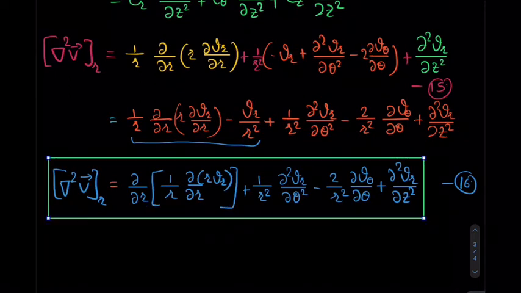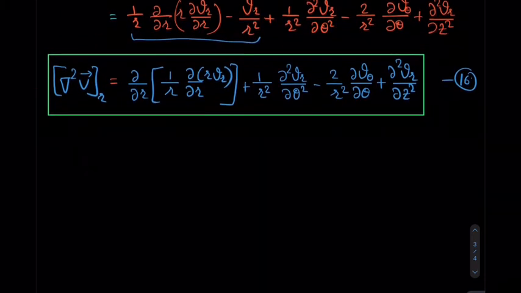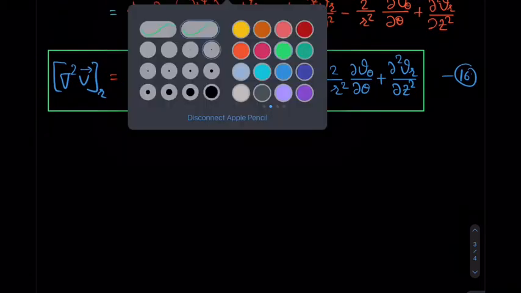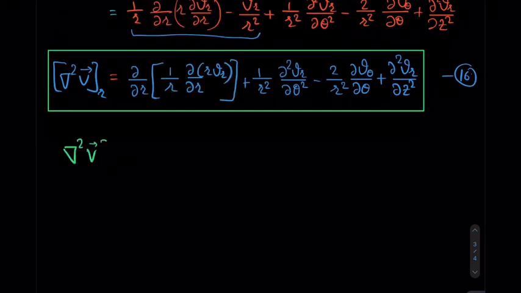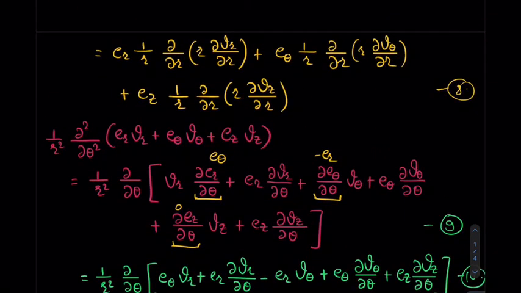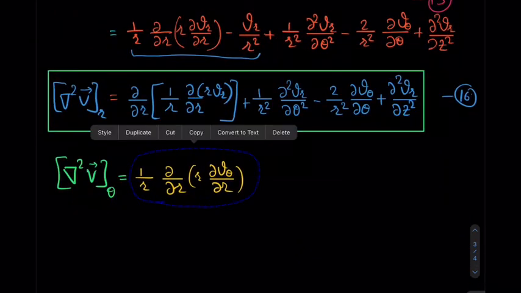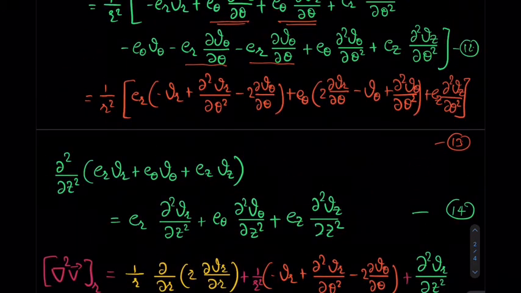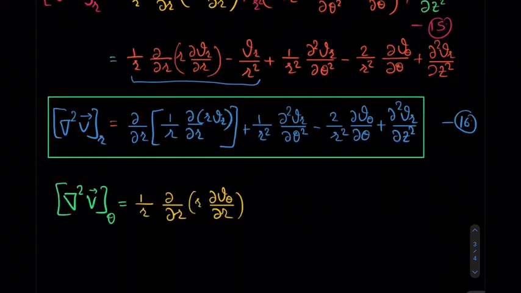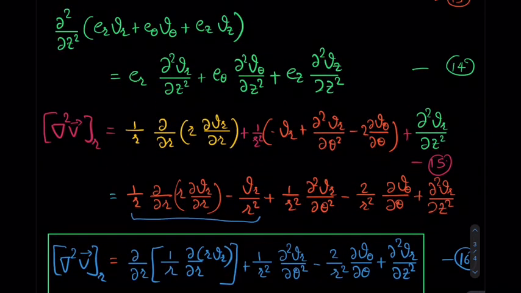So let us highlight this, and this is the term required to be substituted into our non-conservative form for shear stress. Okay, so similarly we need to get the terms along the theta direction. So let us copy from equation 8 the second term over here and put it here, plus the contribution from equation 13 along the e theta direction, which needs to be multiplied by 1 over r squared, plus the last from 14.